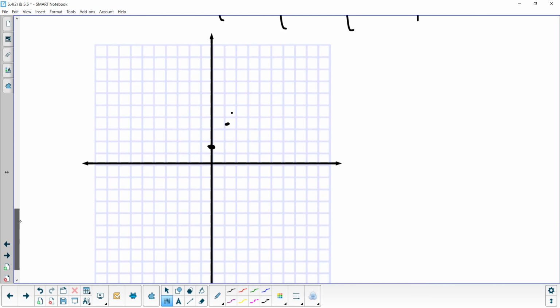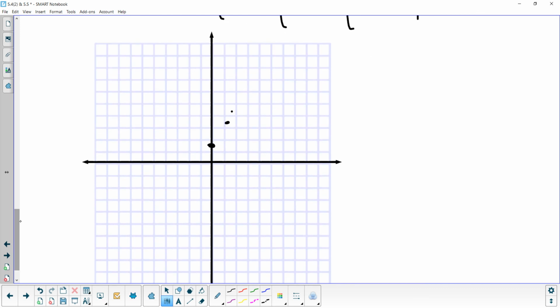And 2.1, 5.1, so 2.1, and up a little bit more, right there. Okay, and let's put a line and see if it looks like they're pretty close to it. Does it look like those points are pretty close to a straight line?